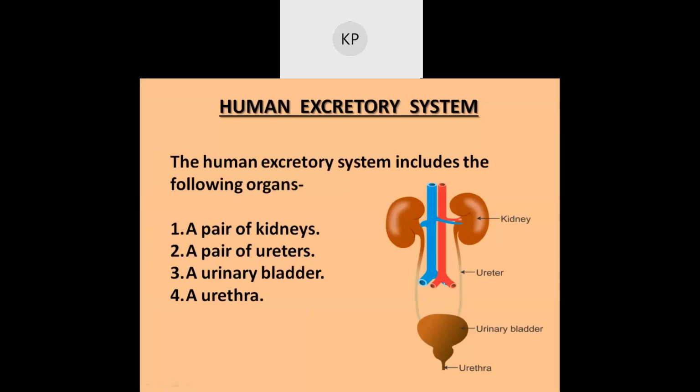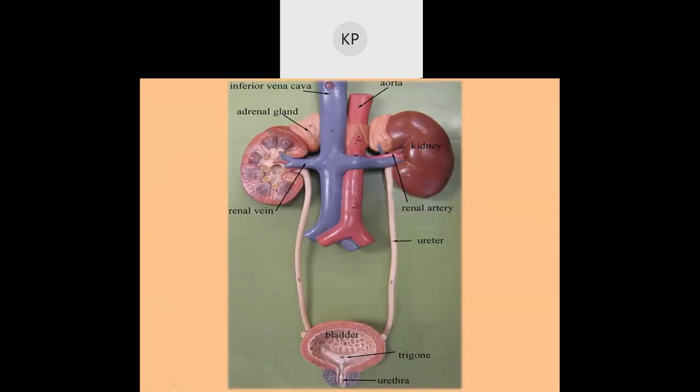Now, human excretory system. Most of the excretion in human beings is executed by the urinary system. The human excretory system includes the following organs. First, a pair of kidneys, a pair of ureters, a urinary bladder, and a urethra.